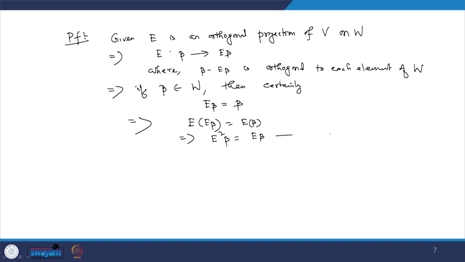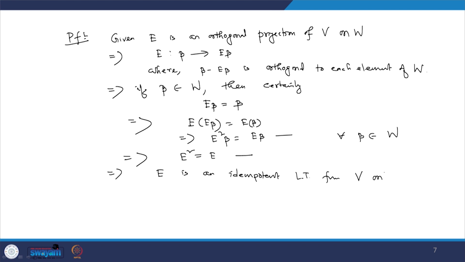This is true for all beta belongs to W. So, this implies E square equal to E. So, this implies E is an idempotent linear transformation from V onto W. So, this is the first part of this result.